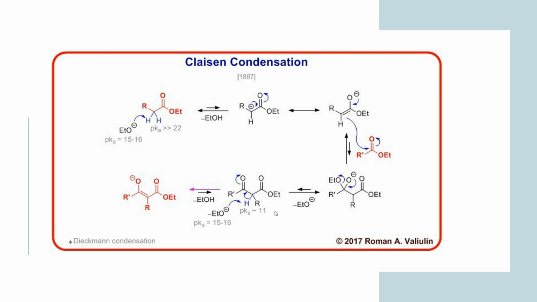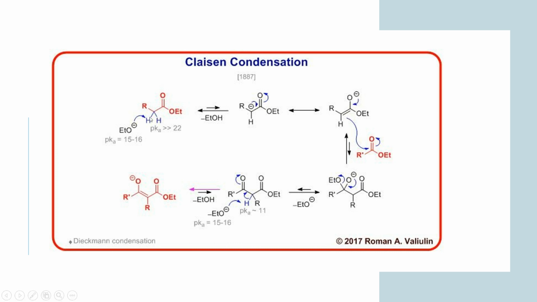Now, in the first step of Claisen condensation, the base is simply abstracting the acidic proton. The more acidic the proton, the faster the rate of Claisen condensation.